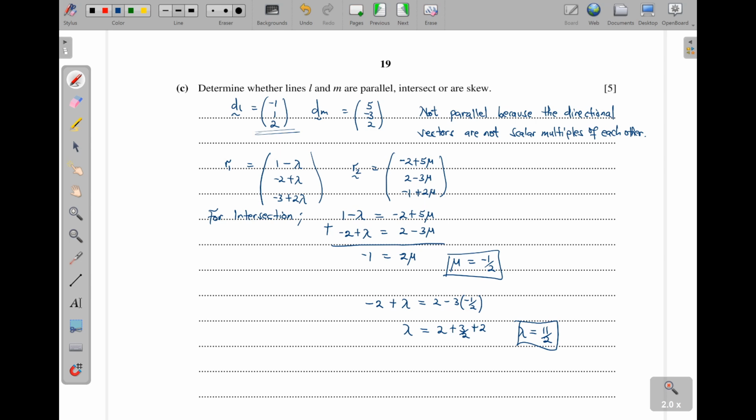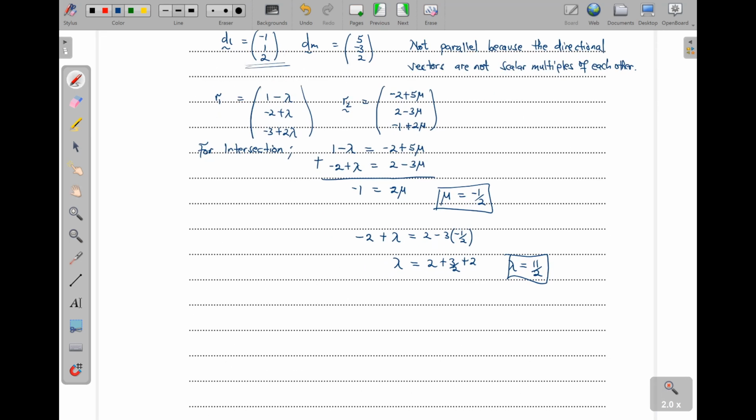Now testing with the third equation. So what is that third equation? The third equation is -3 plus 2 lambda.